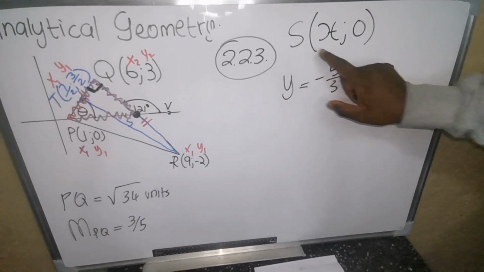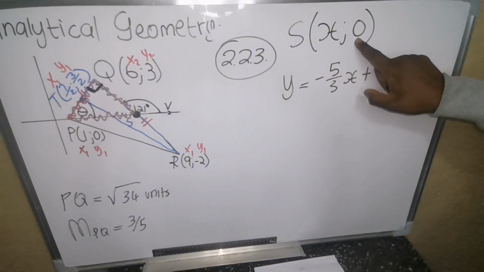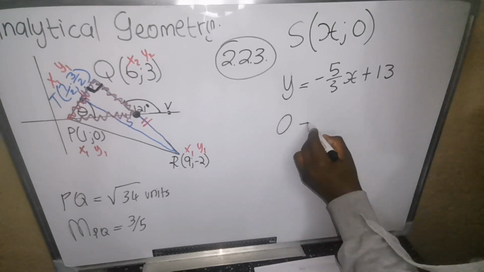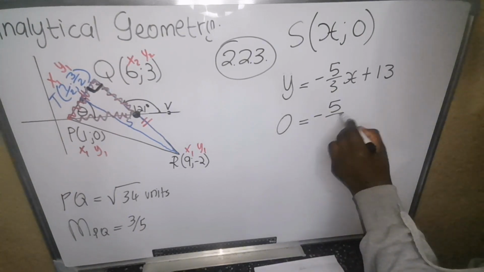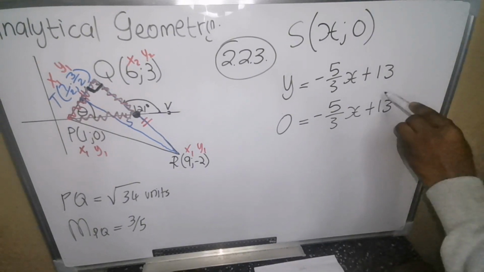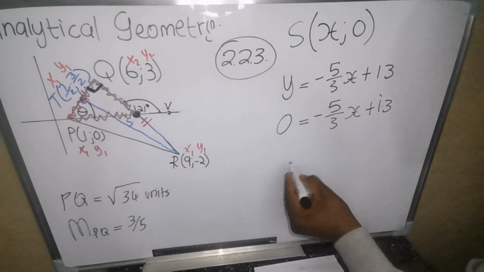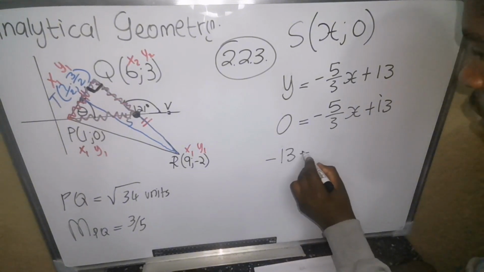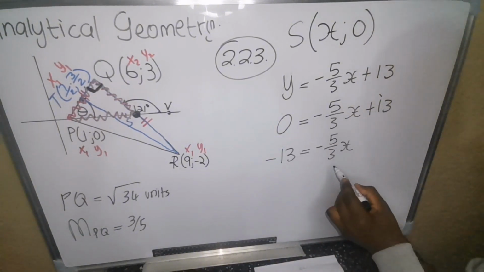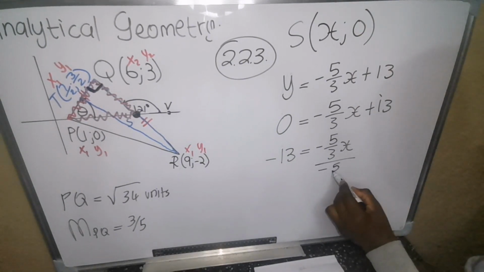Now to find S, where I see y I put in 0 to find x. So 0 is equal to -5/3 x plus 13. I'm going to transpose this 13 to the left, so I have -13 equal to -5/3 x. I'm going to divide both sides by -5/3.